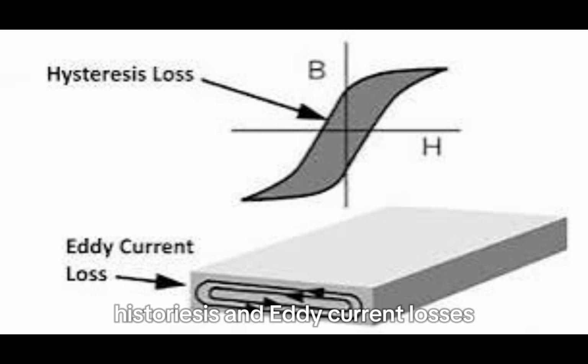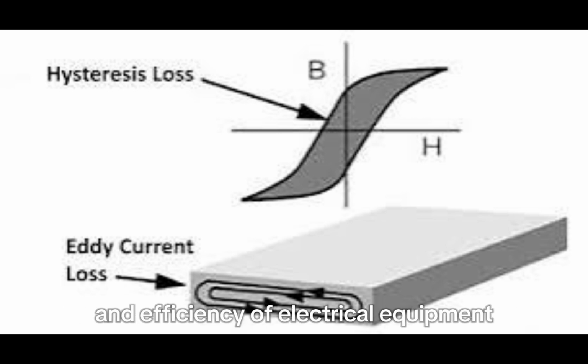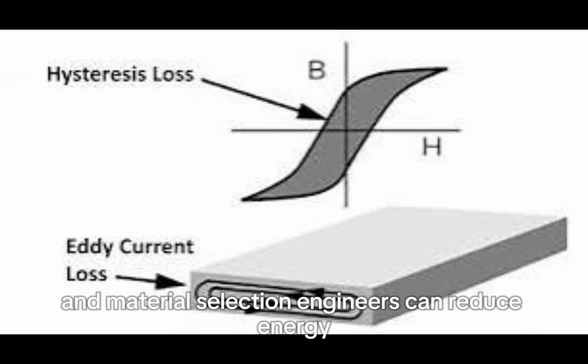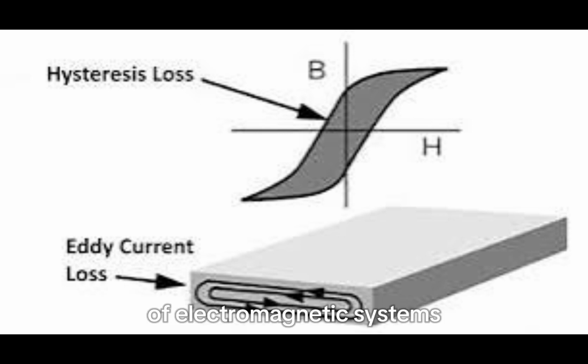Understanding and managing hysteresis and eddy current losses are essential for optimizing the performance and efficiency of electrical equipment. By employing appropriate design strategies and material selection, engineers can reduce energy wastage due to these phenomena and enhance the overall effectiveness of electromagnetic systems.